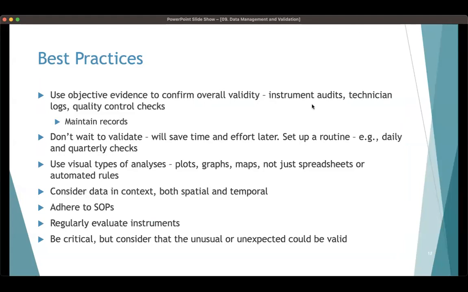Okay, now what do you think for the best practices? මොකද හිතන්නේ best practices වලට?